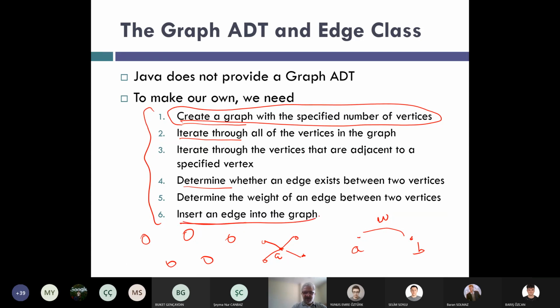Then by this operation, we may add edges in our graph. Then by using this operation, we can query whether an edge is available or not.